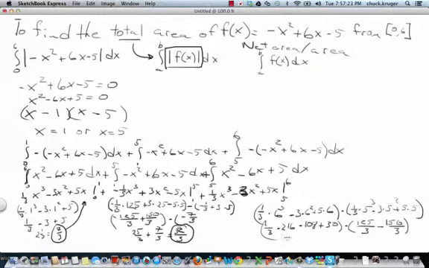So this is going to be 72 minus 108 plus 30. And this is going to be a negative 25 over 3. And 72 minus 108 is a negative 36. And negative 36 plus 30 is a negative 6.